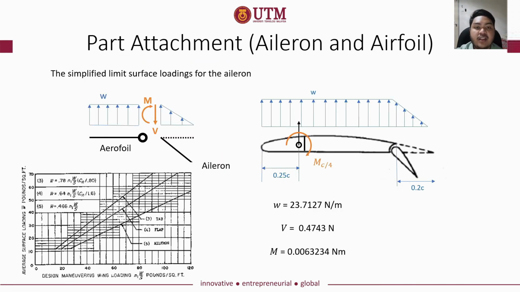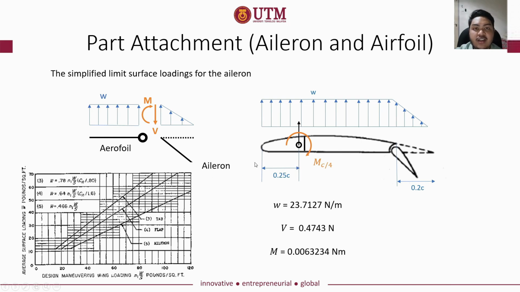Here is the part attachment for the aileron and airfoil. From this diagram, here is the load distribution for the airfoil itself, and here is the load distribution for the deployed aileron. So it produces moment and also shear stress. This is the load distribution across the chordwise.